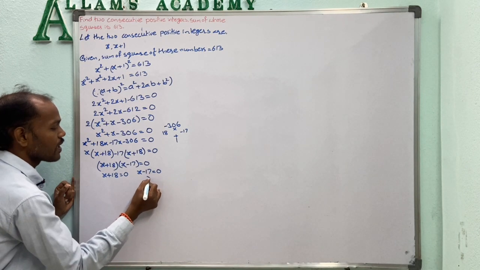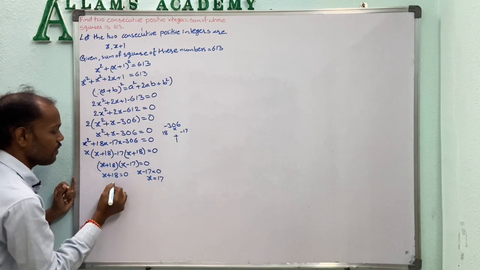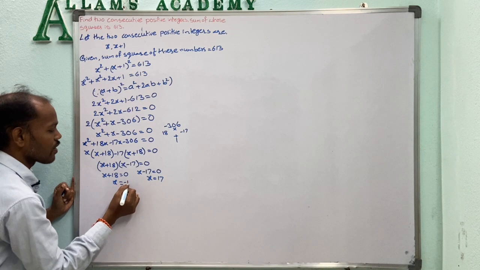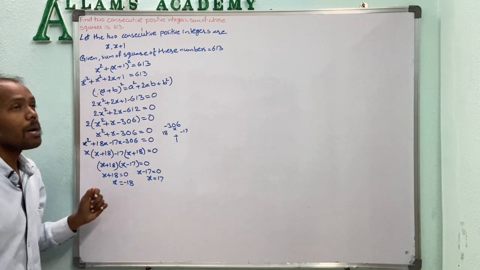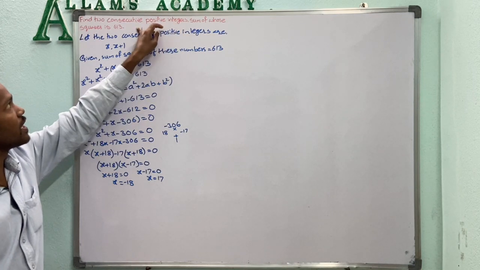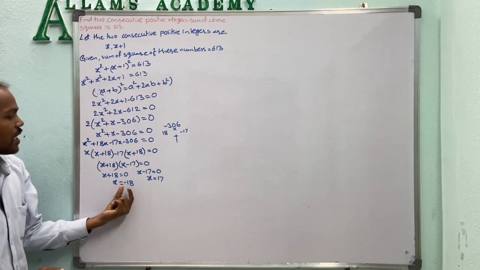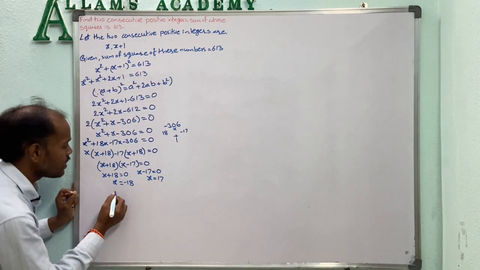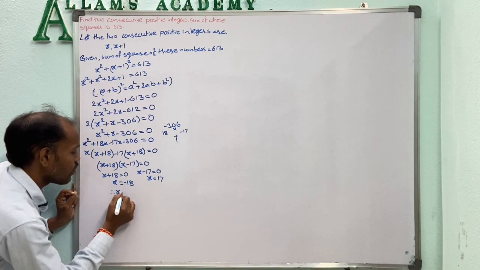If x minus 17 equal to 0, then x equal to 17, and if x plus 18 equal to 0, then x equal to minus 18. But the given answer must be consecutive positive integers only. For that purpose, x is 17 only. Therefore x equal to only 17.